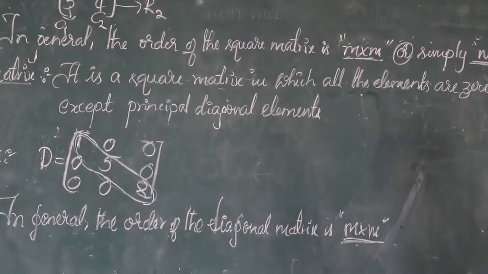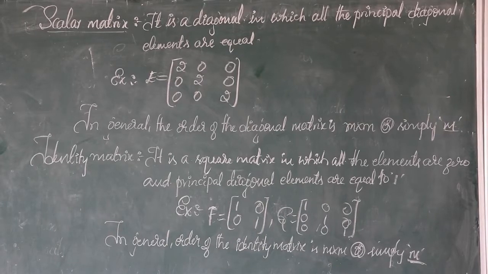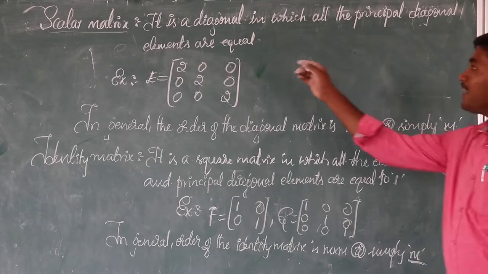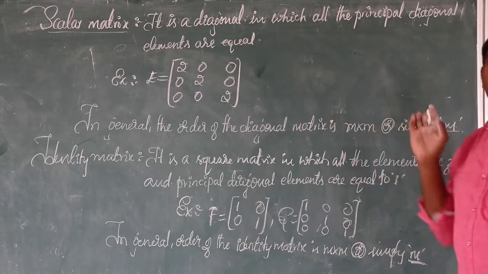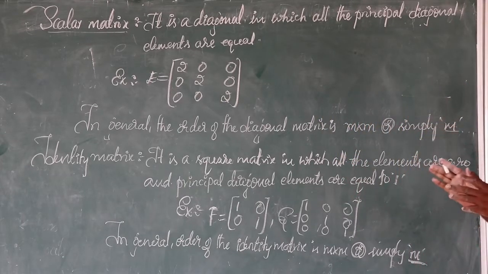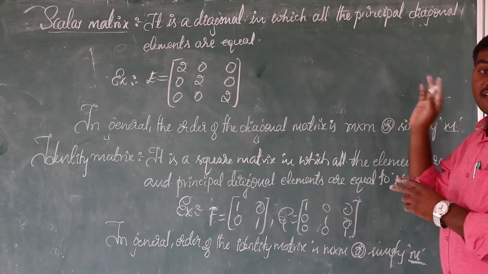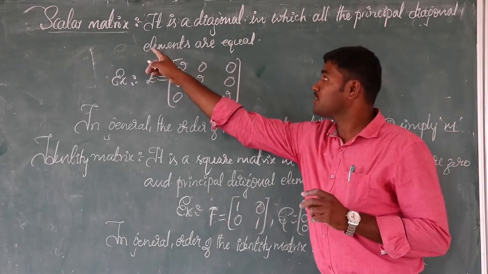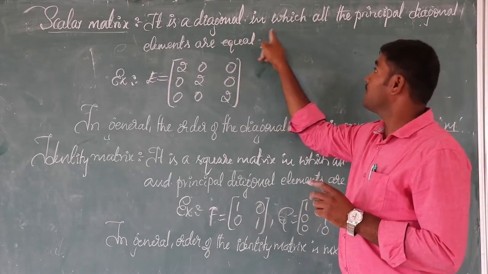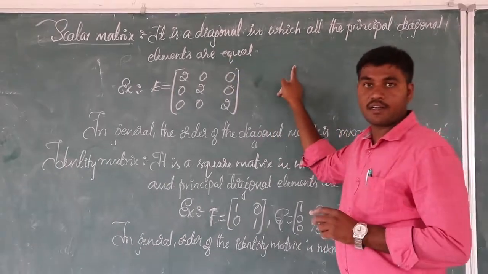So now let's move towards another matrix. The next one is scalar matrix. It is a diagonal matrix. As you know, a diagonal matrix is a square matrix in which all the elements are equal to 0 except principal diagonal elements. Scalar matrix means it is a diagonal matrix in which all the principal diagonal elements are equal to each other.